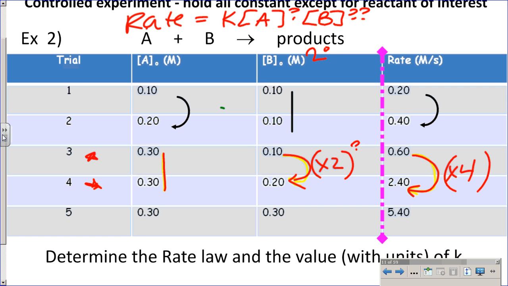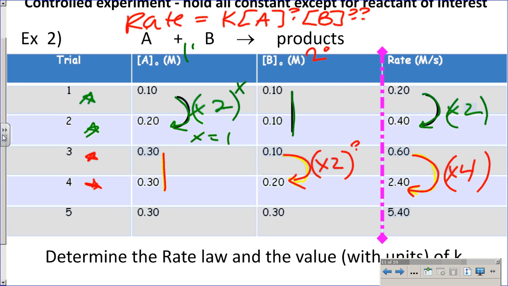So the two trials where that occurs is trial 1 and 2, where B is staying constant, A is doubling, and the rate is also doubling. So that one's a direct relationship. But just to keep your math right here at the top of your brain, 2 to the x power equals 2. So what is x? X is equal to 1, so that's first order.